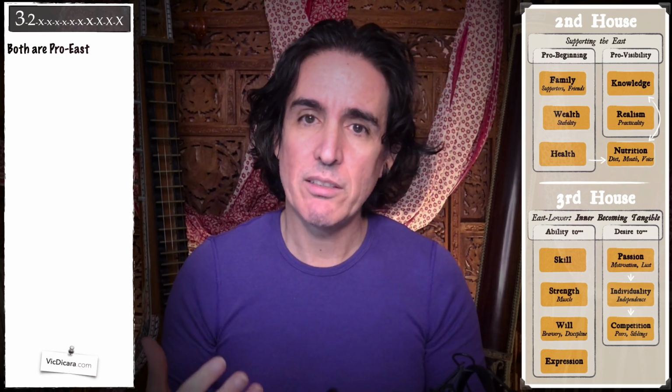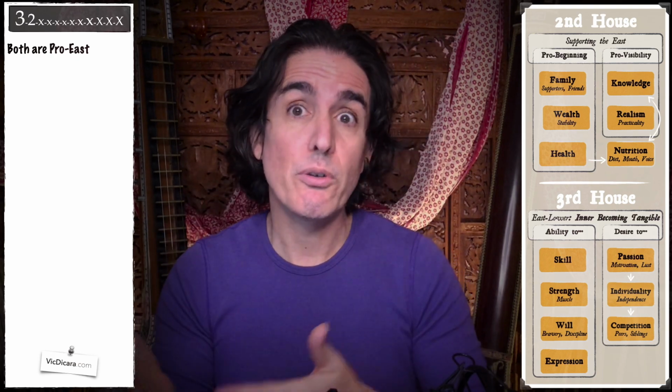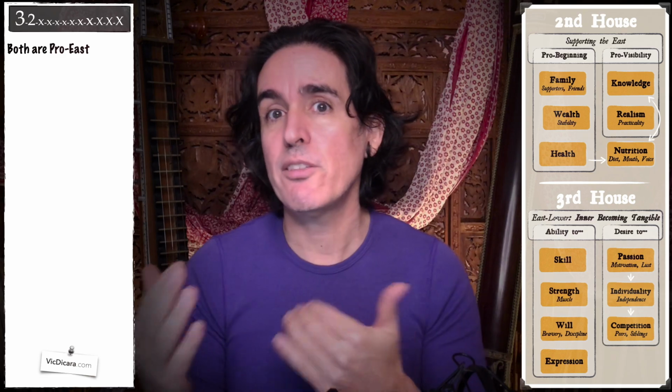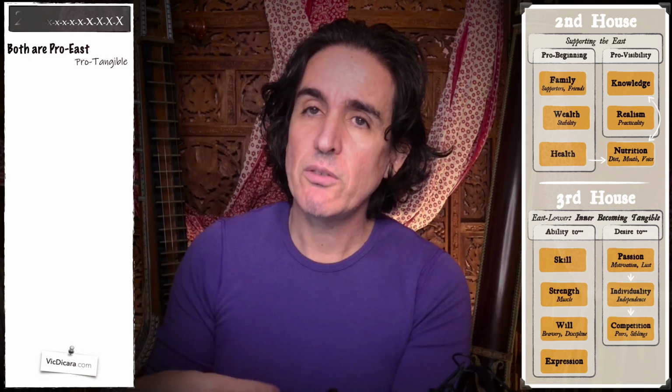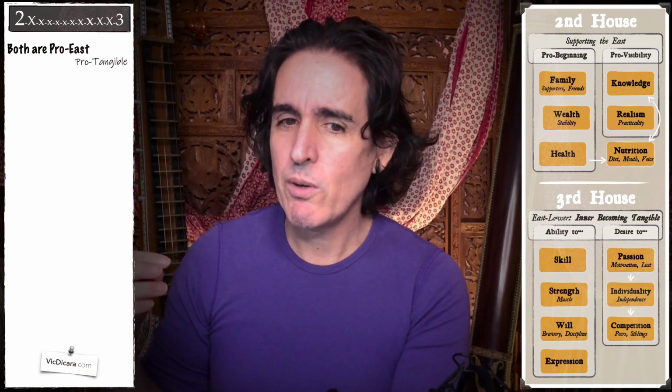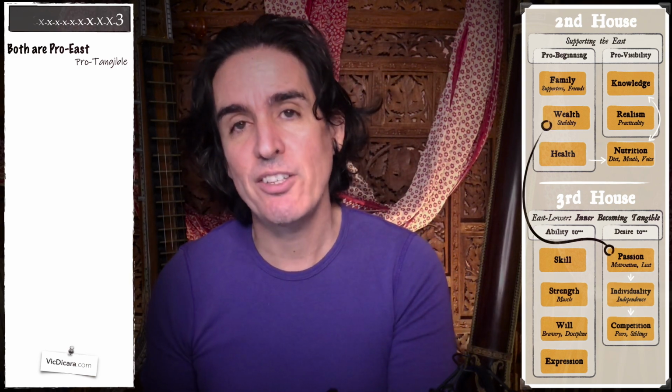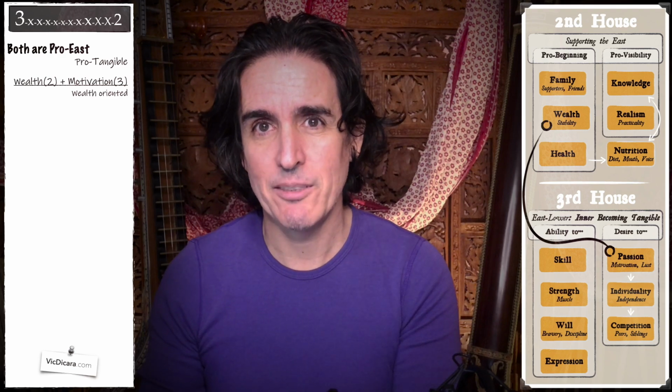So there's going to be synergy here when these houses interact, because they're both pro-east. In other words, they're both pro-manifesting, pro-tangibility. And so here's a couple of examples. One is the fact that the second house is wealth-oriented and the third house is motivation, lust, desire-oriented.